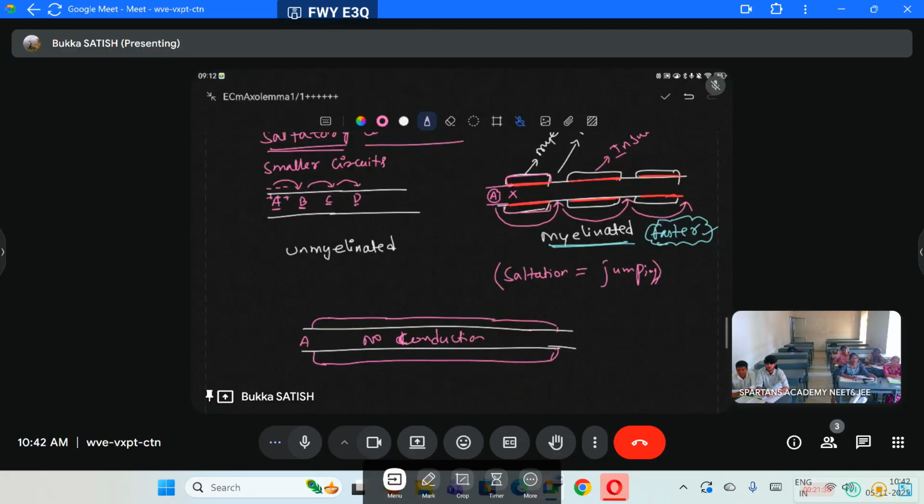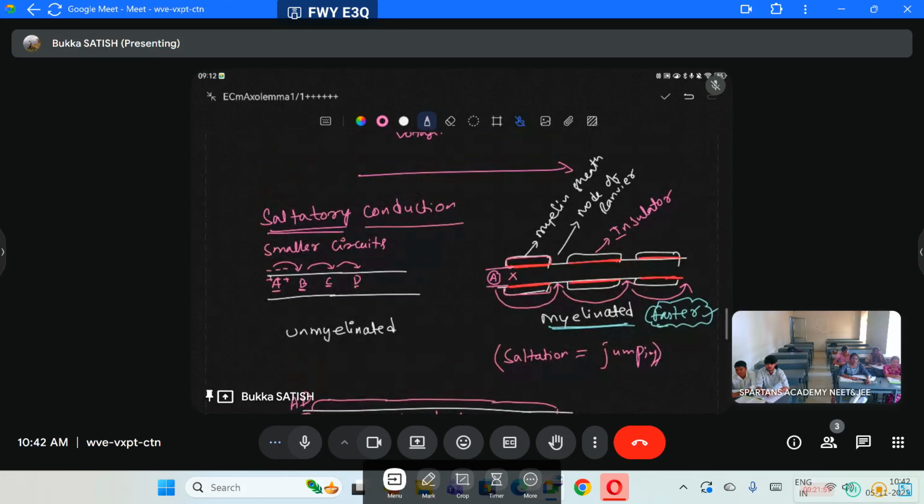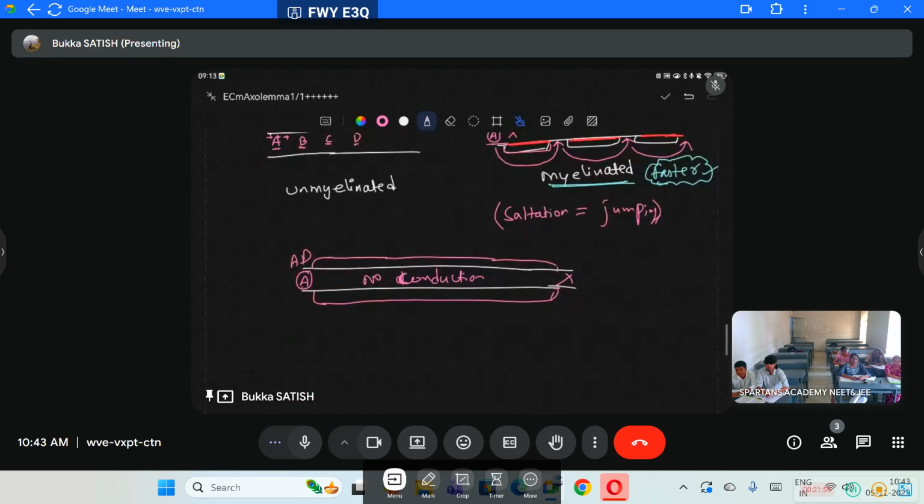Because if there is action potential at this point, it cannot stimulate this point. The distance is too high. For this action potential to jump, a specific distance is required. That is what you will find naturally among the nodes of Ranvier. So if the axon is completely covered with the myelin sheath, there is no conduction.